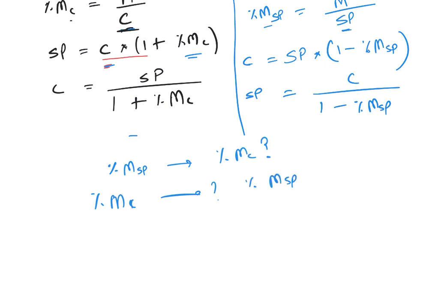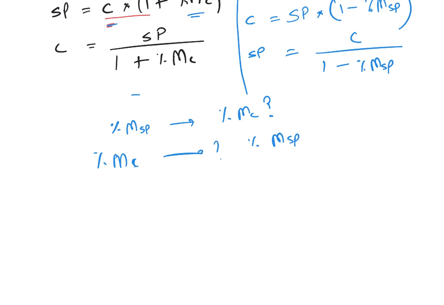And again, these are also pretty straightforward calculations. So suppose I am given this, then my percentage markup based on cost is my percentage markup based on selling price divided by 1 minus the percentage markup based on selling price.